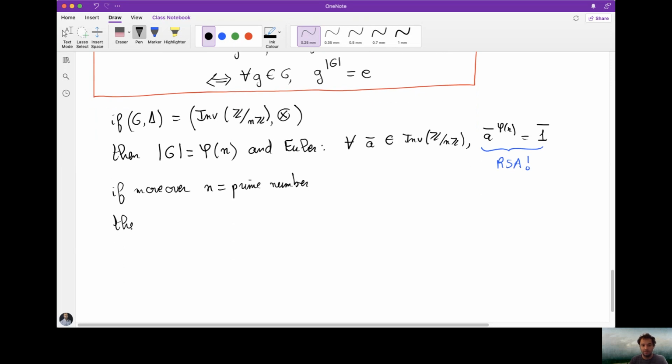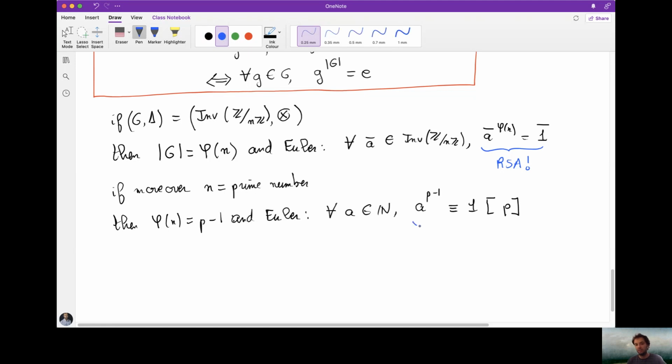Then phi of n is p minus 1, and therefore what Euler is saying is that for all numbers a, if you take a to the power p minus 1, then this is congruent to 1 modulo p. Okay, and this is also something that you should know. This is Fermat's little theorem.